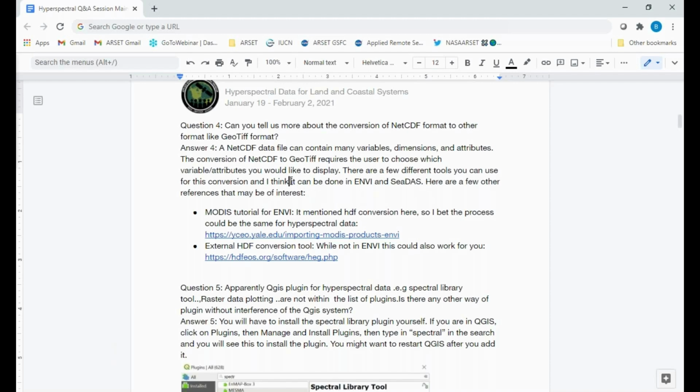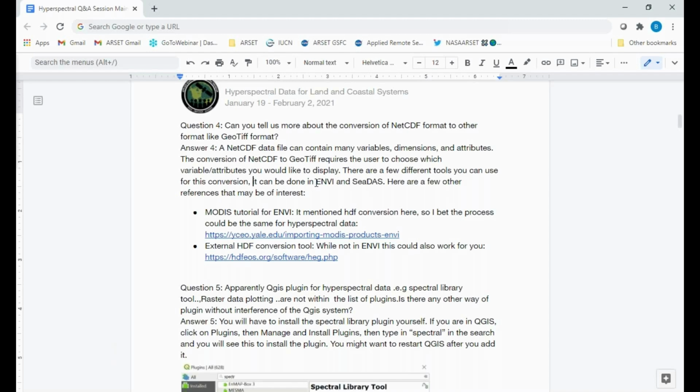And then you'll need to either reclassify or reproject that data to a spatial reference, and then you'll be able to save that as a GeoTIFF. So there's an export feature within QGIS that you should, in theory, be able to use to convert files into GeoTIFF format. There's just a little bit of additional processing that happens before then.